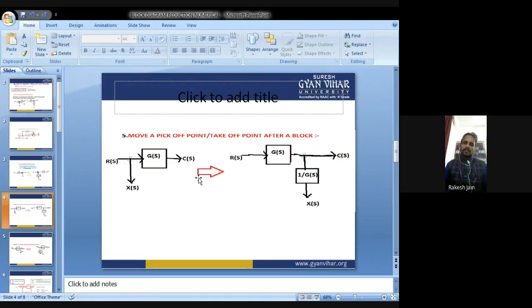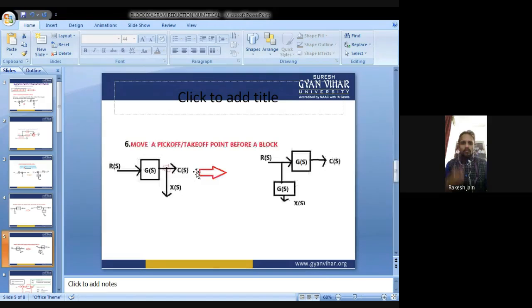I wish to move that pick off point just after the block, so I can easily move it, but the gain of that block will also come in reciprocal manner with that pick off point. So Gs, then 1 upon Gs will come.